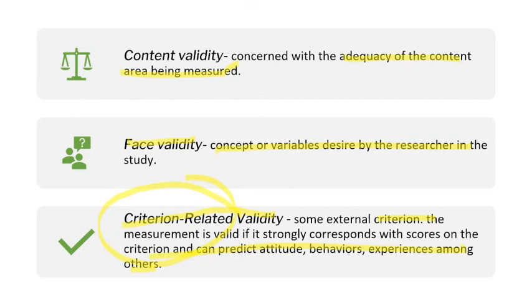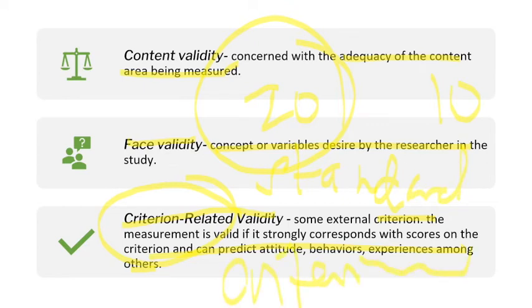What I will do is compare the result of the 20-item questionnaire to that of the 10-item questionnaire. This 20-item questionnaire becomes my standard, my criterion. Then I will find out if the 10-item questionnaire that I just developed will have the same contents as the 20-item questionnaire.